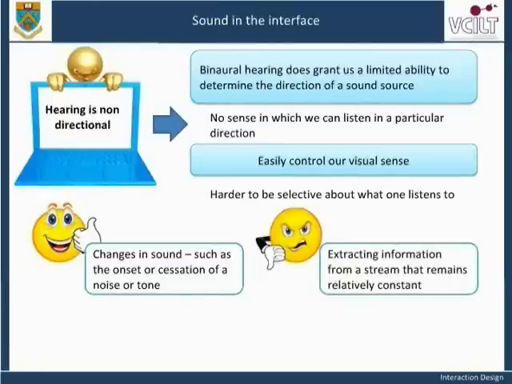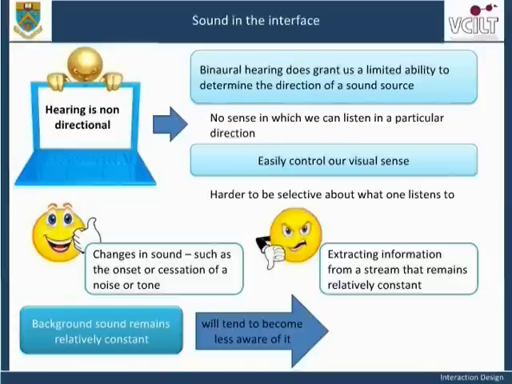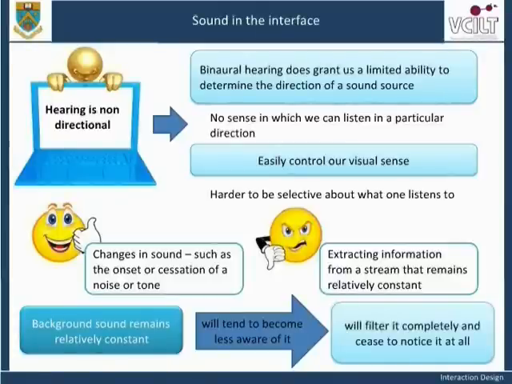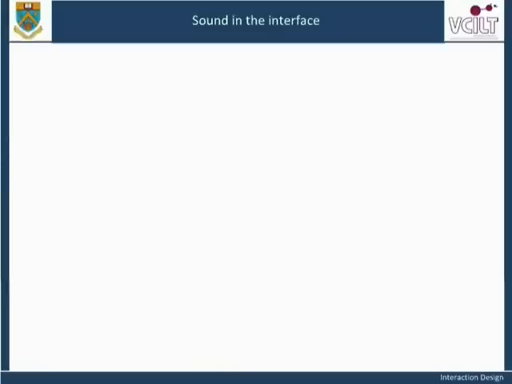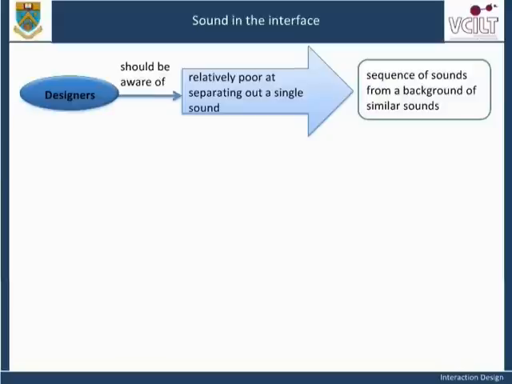In fact, if a background sound remains relatively constant over a period of time, we will tend to become less aware of it, and eventually will filter it completely and cease to notice it at all. A further property of sound and hearing that designers should be aware of is that we are relatively poor at separating out a single sound or sequence of sounds from a background of similar sounds.